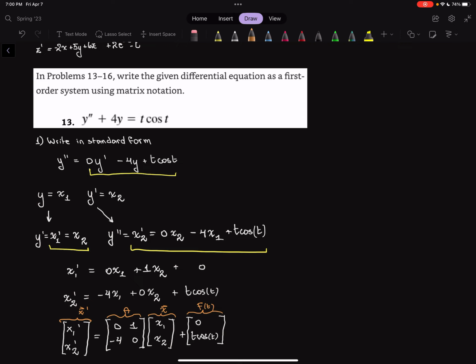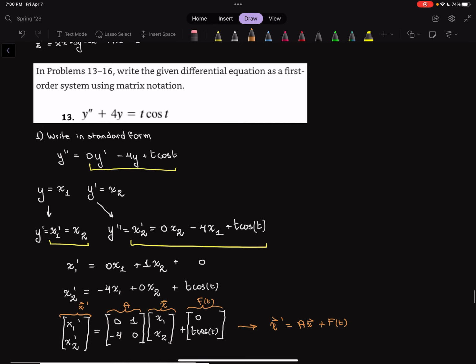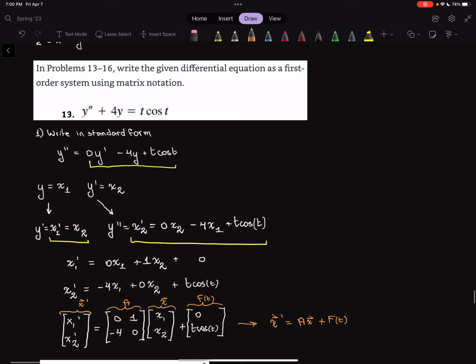So now you can rewrite this as the vector x prime is equal to A times the vector x plus f of t. And you would notice that this is a non-homogeneous first-order linear system because it has that forcing function. Well, I hope this was useful, and I'll see you for another exercise.